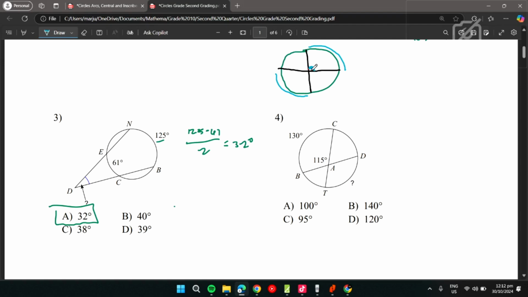So, look at this one. Hinahanap natin to. To get this 115, we need the sum of that plus this arc, which is DT, and then divide it by 2. Alright? Divided by 2.